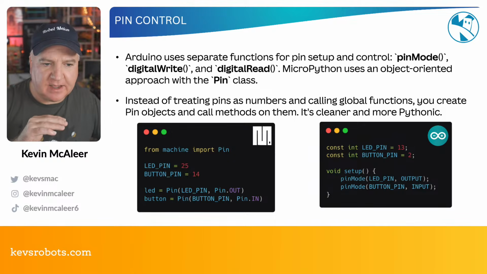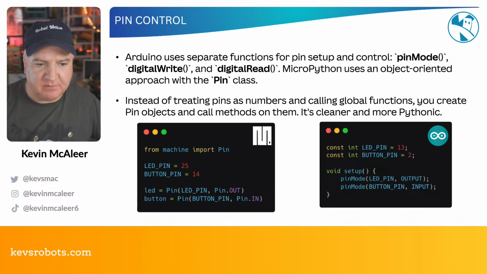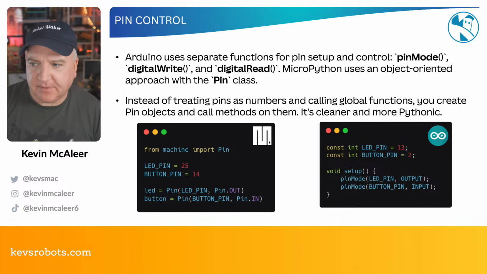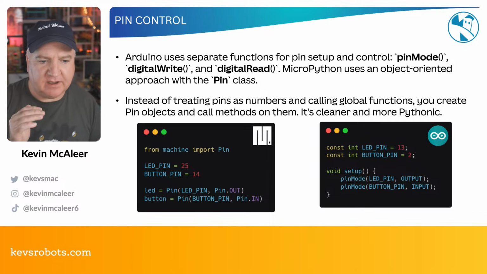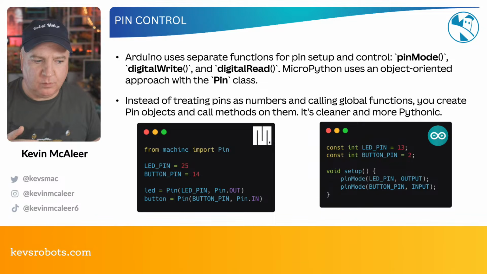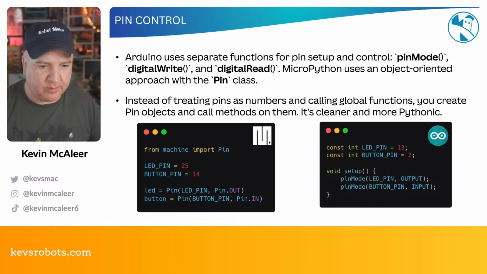So you can see there we have from machine import Pin, LED pin equals 25, button pin equals 14, then LED equals Pin, the LED pin that we've passed in, which is 25, and Pin.OUT means that this is an output pin. And we can also see there we have button equals Pin, button pin, Pin.IN is an input type. So it's defined when we specify what the variable is that's going to be using the different types of pins.